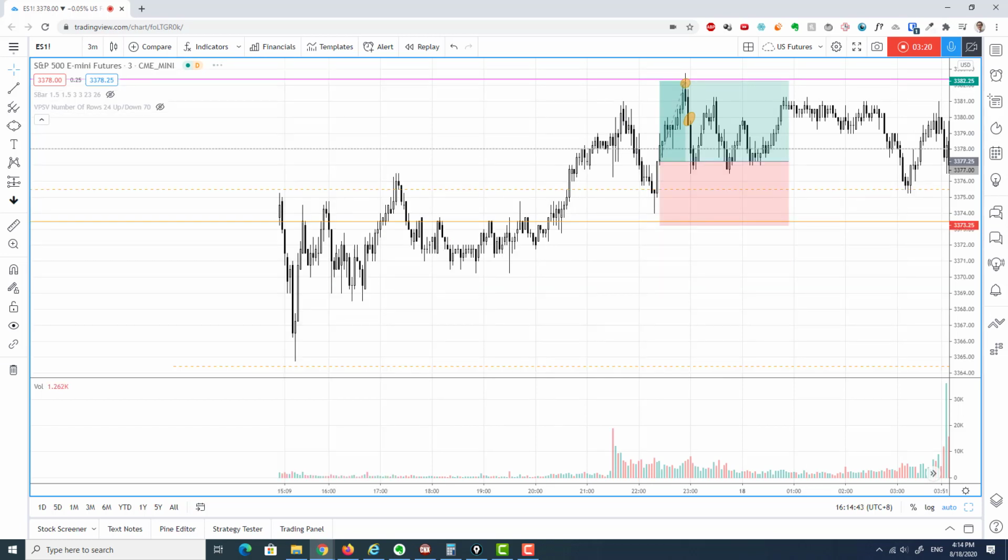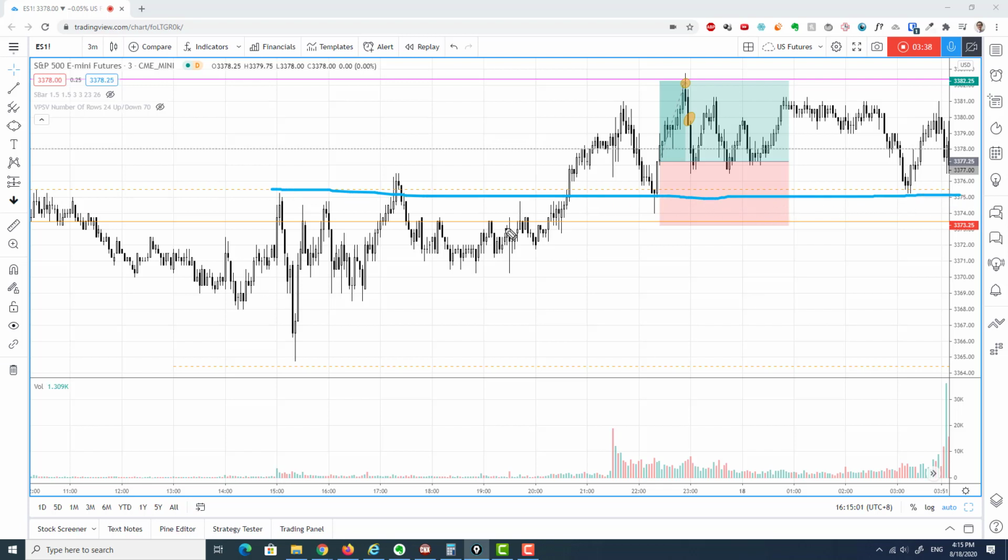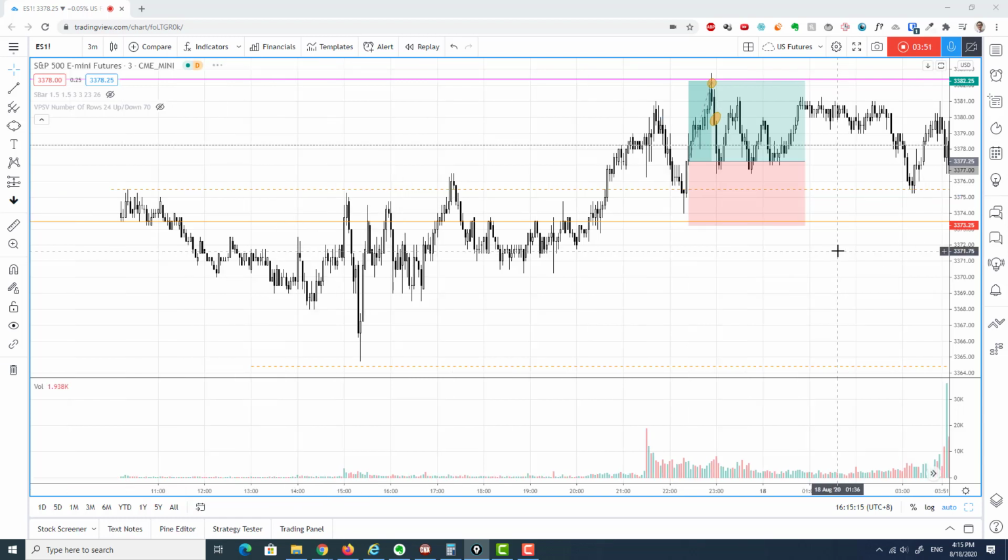You can see that just prior to the US opening session, we have seen this kind of movement. One thing that's very outstanding to me was this level, around 3375. At around 3 p.m. my time here, there is a reaction. Maybe I will zoom out a little bit so you can see what's happening.